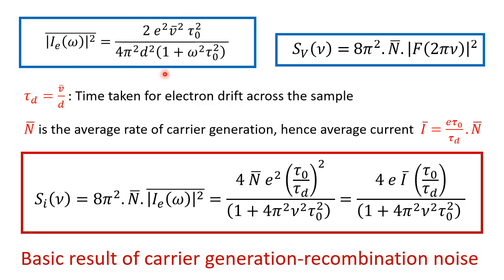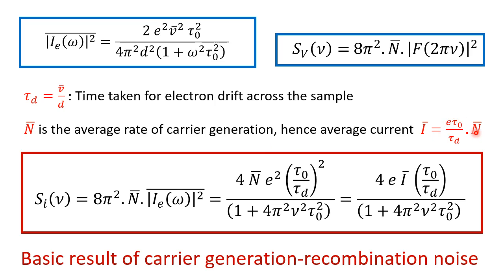Right. So now let's see. Once you have got this expression for the Fourier transform mod square, then we need to put it back into our spectral density function. So spectral density function clearly requires for me to consider the average rate at which this particular event is happening. So this is essentially the average rate of carrier generation, and we know that this average rate of carrier generation has got to do with E times n bar, if I like.